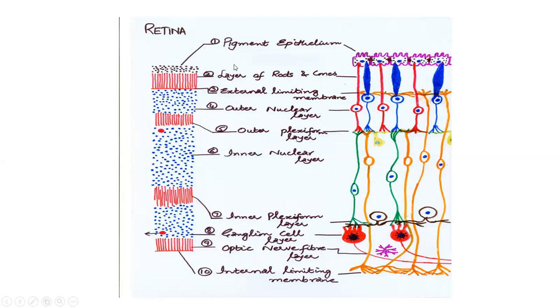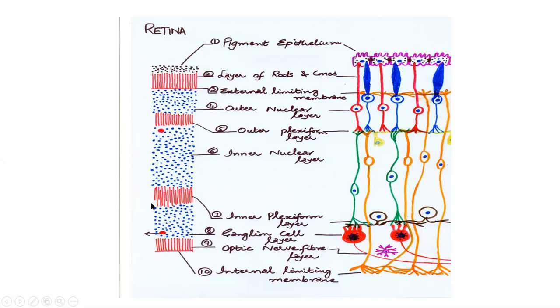This is the pigment epithelium, then the layer of rods and cones, external limiting membrane, then outer nuclear layer, outer plexiform layer, inner nuclear layer, inner plexiform layer, and then the ganglion cell layer, fiber layer, and the limiting membrane. One thing you will especially appreciate in this diagram is that I have made this red structure to show the capillary plexus in this layer and this layer.